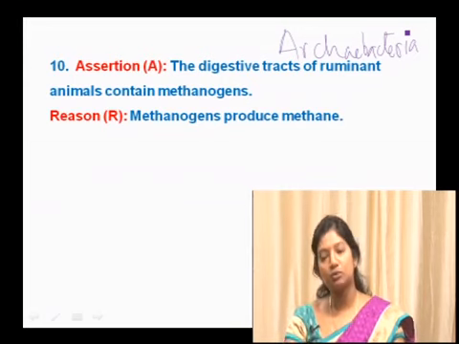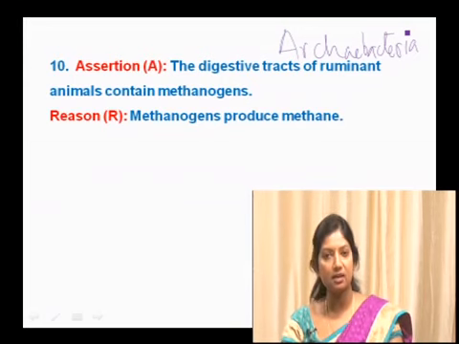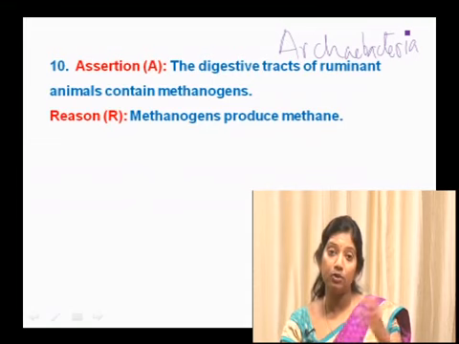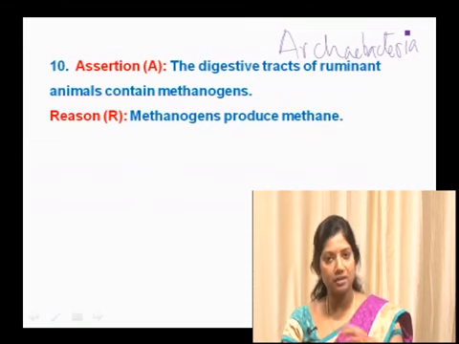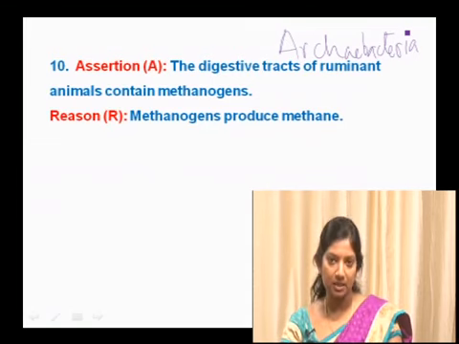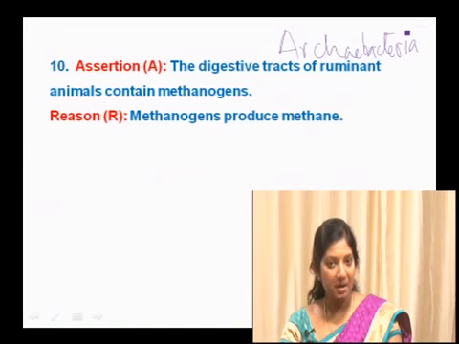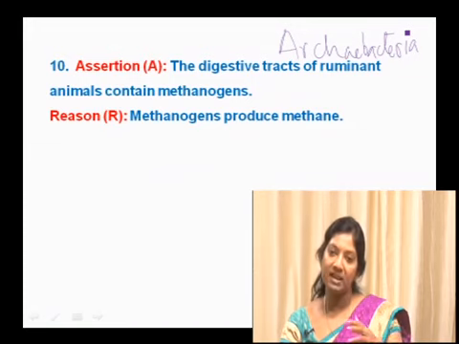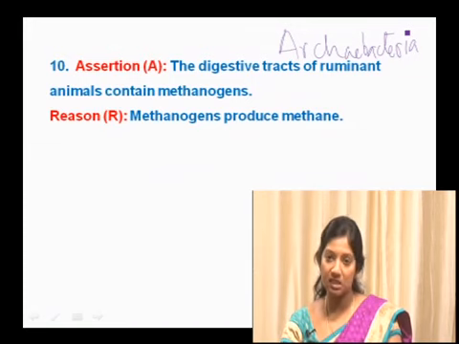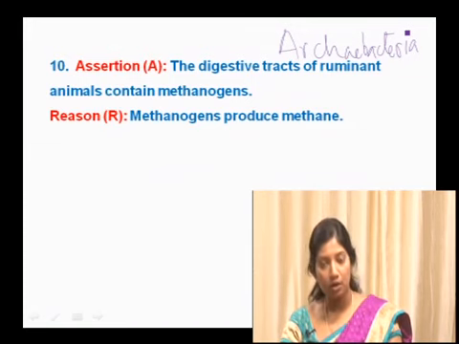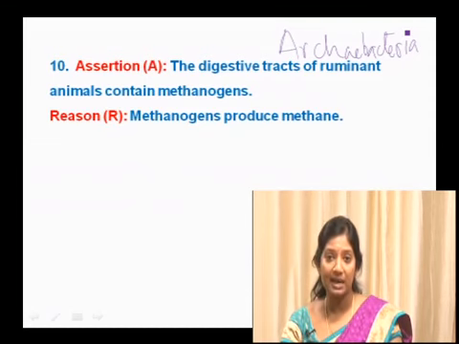Archaebacteria are also bacteria, but they are unique and different from the normal bacteria. Why? Because these are the bacteria which can live in extreme habitats or extreme environmental conditions. Too hot, too acidic, too saline, they can live in all these mediums without any problem.